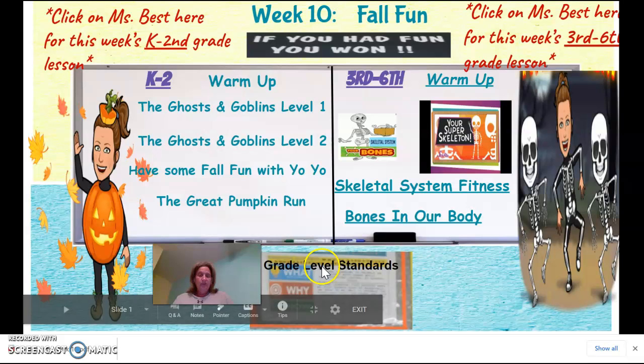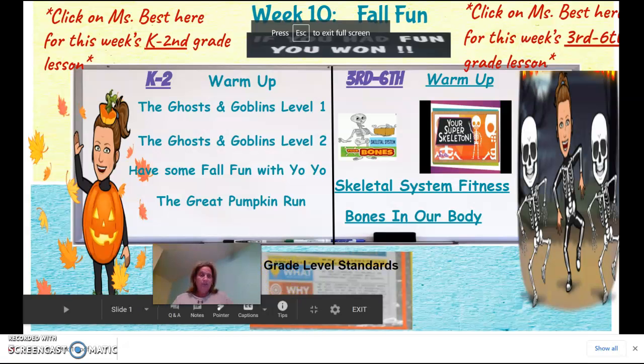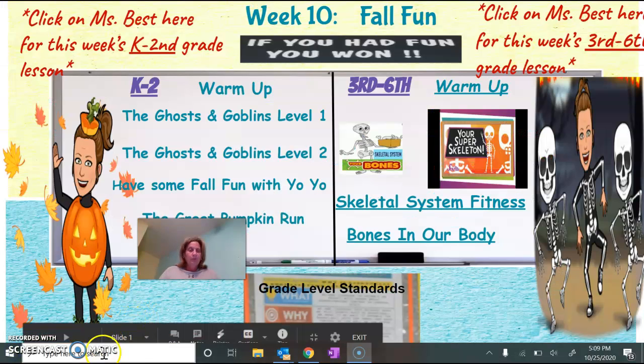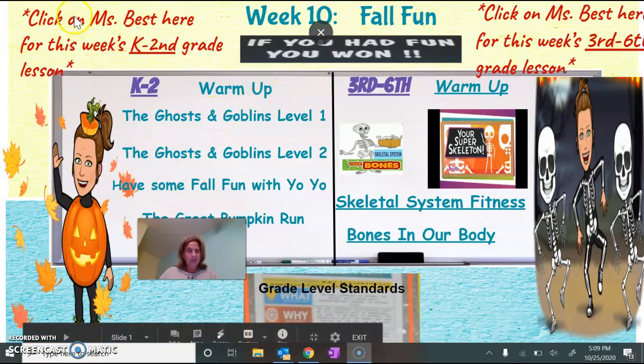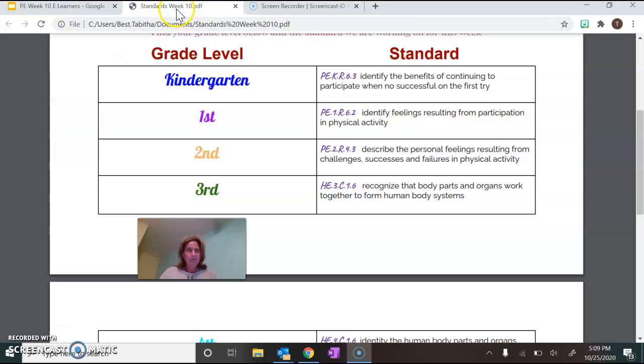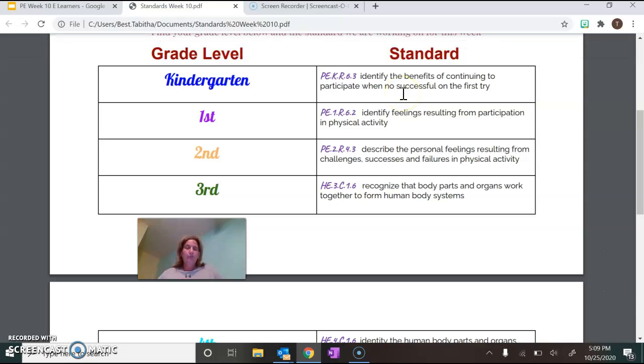Your grade level standards are here. I didn't link them yet, but I will go back and they will be linked there, so make sure you check them out. For kindergarten, you're identifying the benefits of continuing to participate when not successful on the first try.